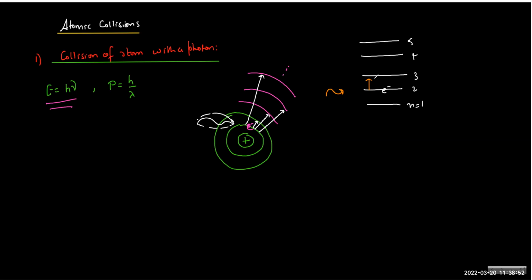If it is a lesser value, it cannot be absorbed. If it is slightly more than this value, again it cannot be absorbed. So the only rule for it to be absorbed is when the difference between the two orbits and the photon energy is exactly the same. When the difference matches, it will be absorbed. For any mismatch, it will be totally thrown back, and that's called the perfectly elastic collision.